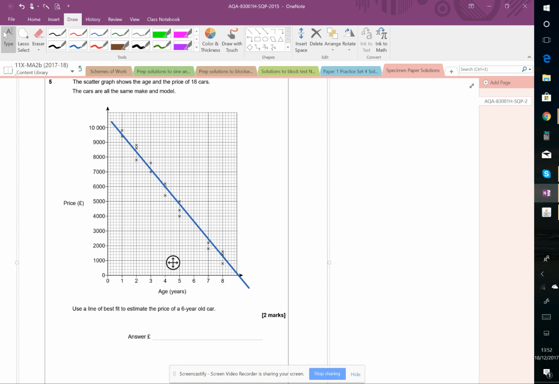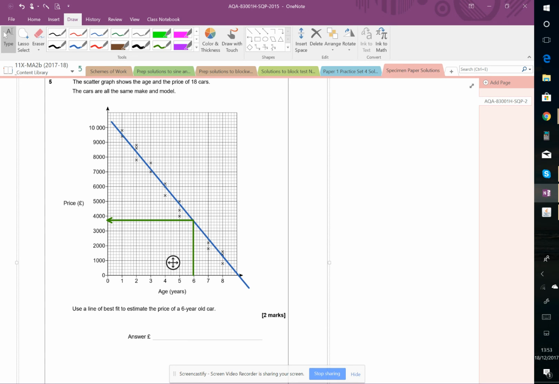And then it says use a line of best fit to estimate the price of a 6-year-old car. So we want a 6-year-old car, so that's going to be an age 6 car. We're going to go up to the line and then across. Then there's going to be some sort of approximation going on here with the line that we've drawn.